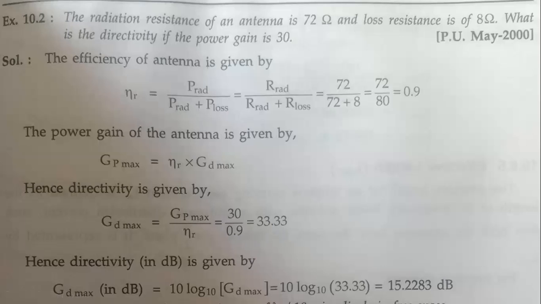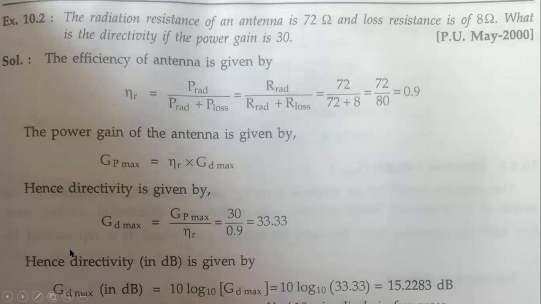Now next is how we can find the directivity in terms of dB, because we know very well the directivity gain is measured in decibels. So GD max in terms of dB can be calculated as 10 log 10 of GD max.